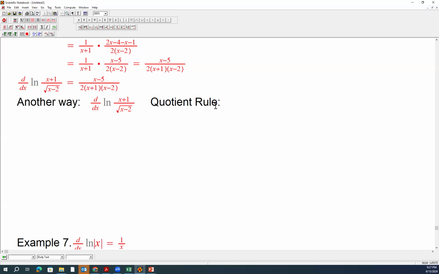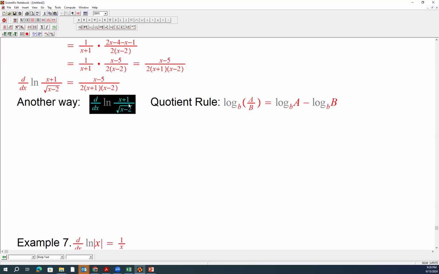What is the quotient rule of logarithm? It says if we have log base b, where b is greater than 0 and not equal to 1, of capital A over capital B, that can be written as two other logarithms in subtraction: log base b of capital A minus log base b of capital B. That's the quotient rule.